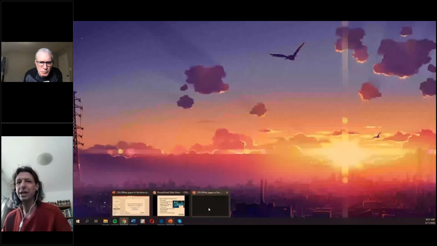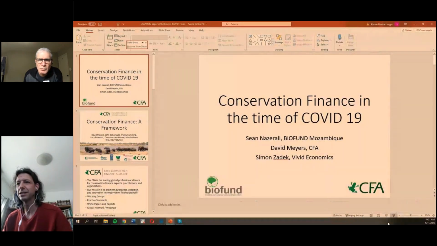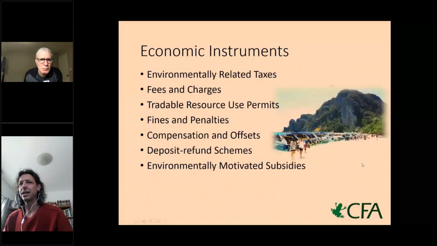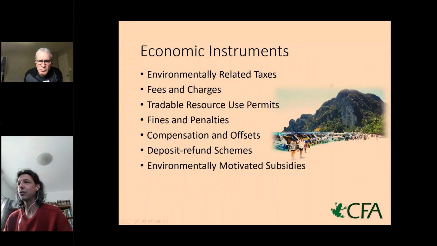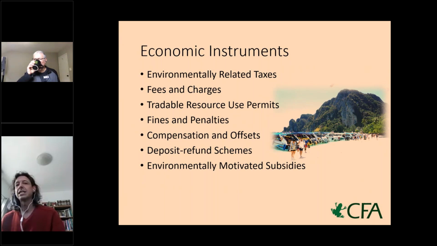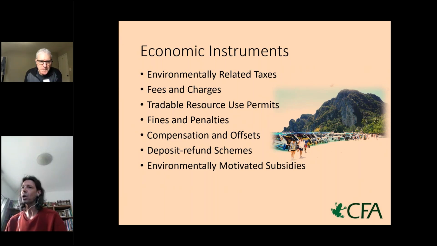So maybe we'll move along to economic instruments, which is our second category in the CFA framework. This is the category that involves a lot of these economically related taxes and fees and charges. So we're looking at, say, user fees, tourist taxes, the green taxes on fuel, on airport taxes, for example, in a number of cases in Central and Southern America, along with tradable resource use permits.